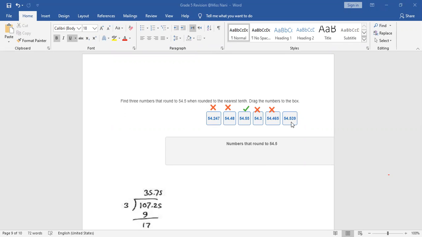No. 54.5 is already 54.5. It's rounded by itself, so yes.